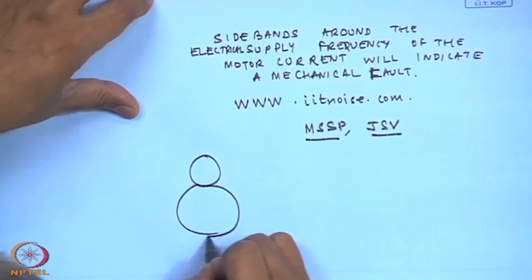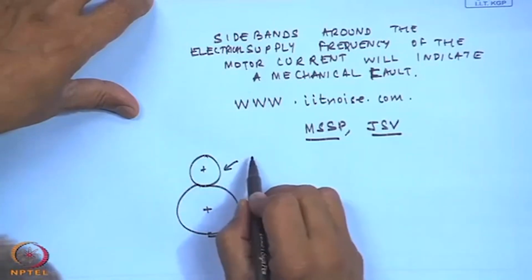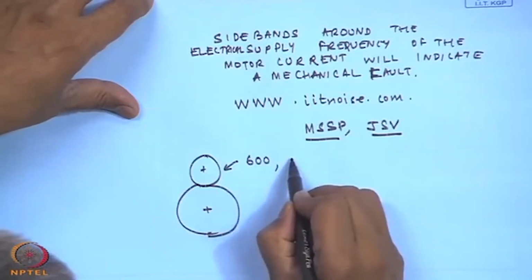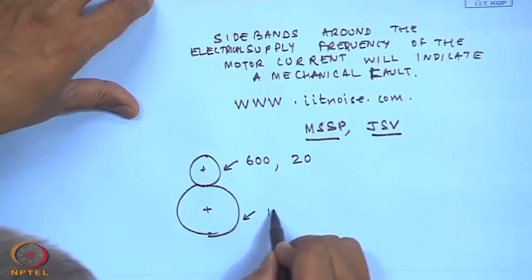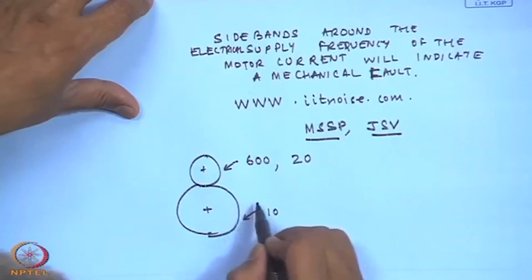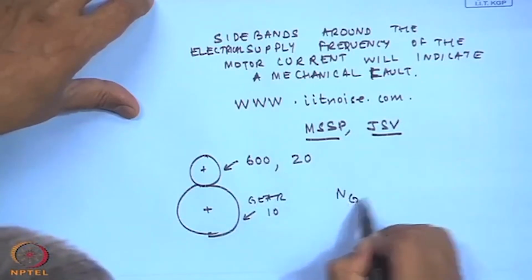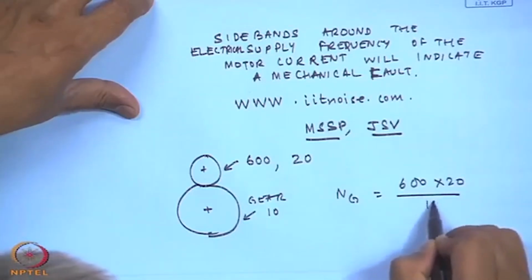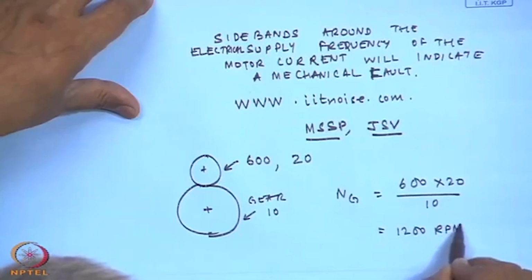Just for the sake of discussion, suppose this is running at 600 RPM and this has 20 teeth and this has maybe 10 teeth. The speed of the gear is nothing but 600 times 20 by 10, which is about 1200 RPM.